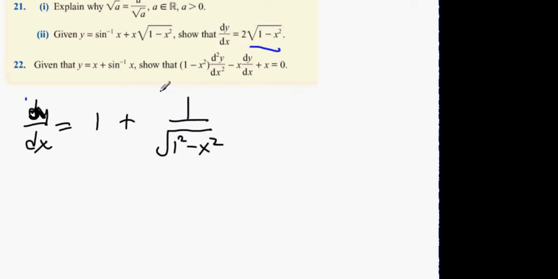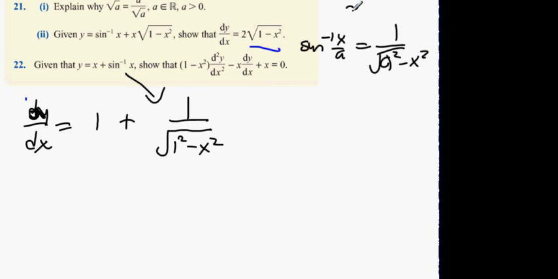So the dy/dx ends up becoming 1 plus the square root of a squared, so 1 squared minus x squared. I got this directly from the tables. Once again, in the tables it says sine inverse x over a, where a is always 1, is 1 over the square root of a squared minus x squared.